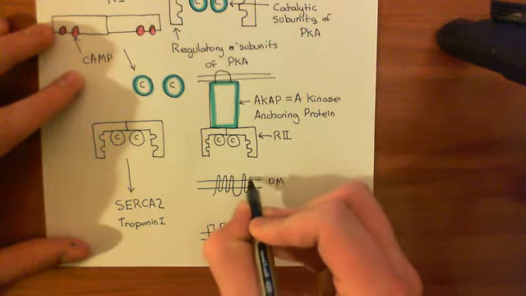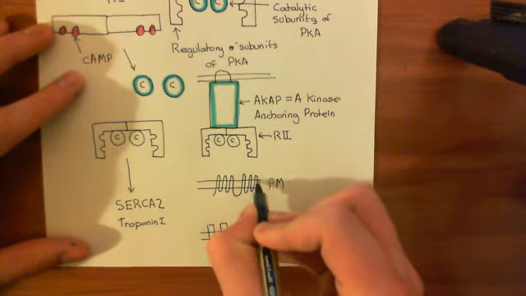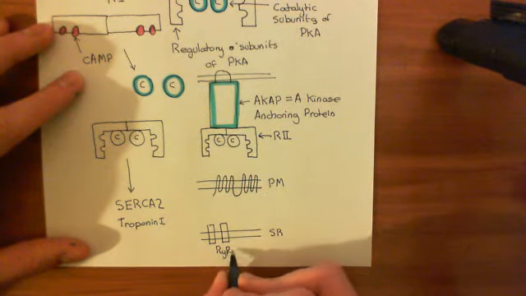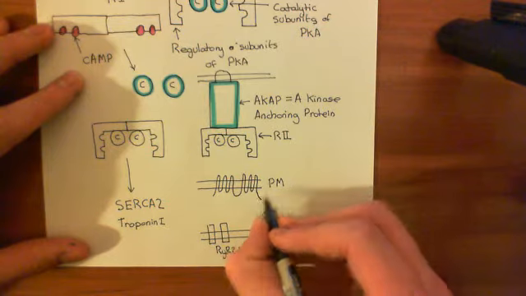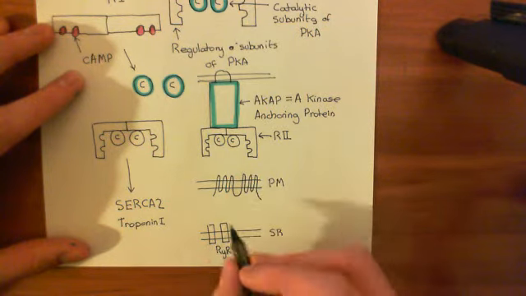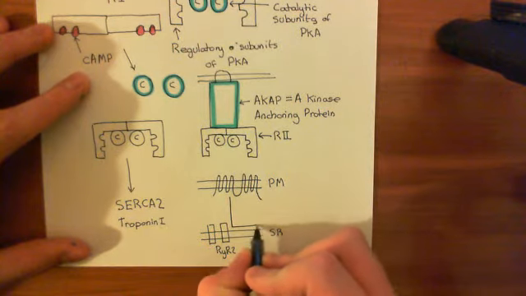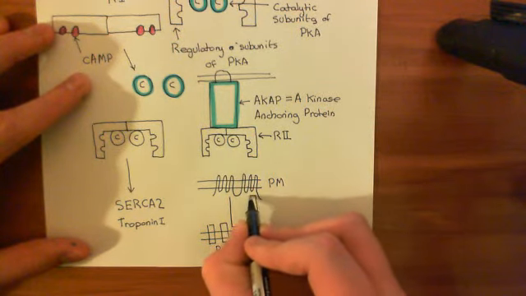It will also bind to the type 2 ryanodine receptor down here, so this is the RYR2, and it will also bind to protein kinase A of the second type. So basically here comes this AKAP, which is going to form a complex with all of them.